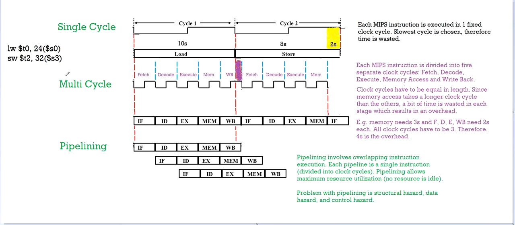Each instruction, for example the load instruction, is divided into 5 separate stages, and so is the store instruction. But every instruction is processed in parallel. That is the advantage of pipelining. Pipelining involves the overlapping of instructions, and it involves maximum resource utilization.